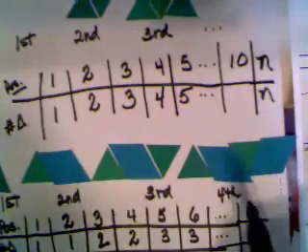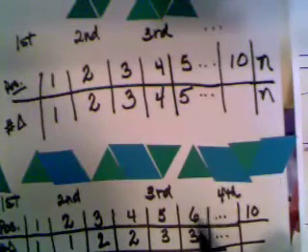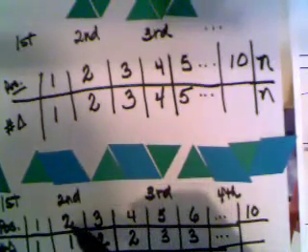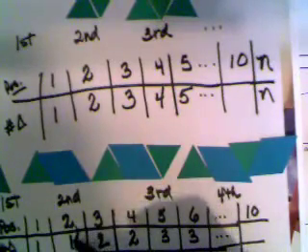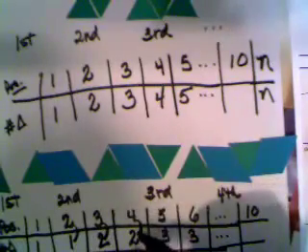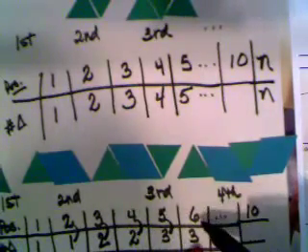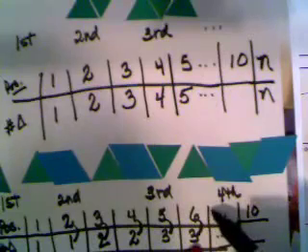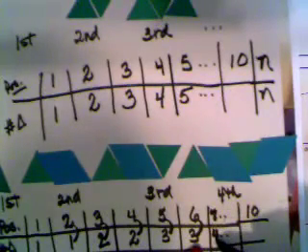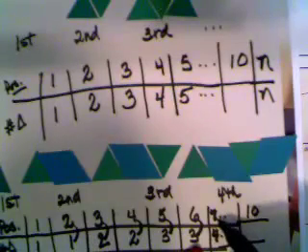So if I look at the pattern, the difference in the position is 1, 1, 2, 2, 3, for 7, it would be 3.